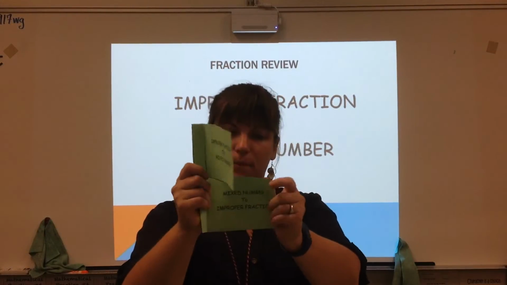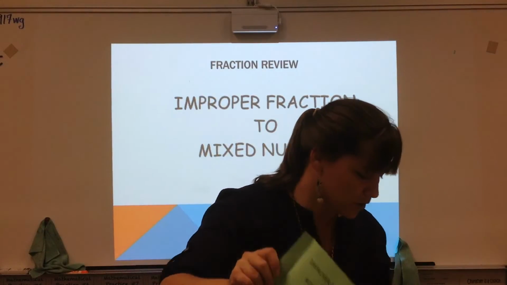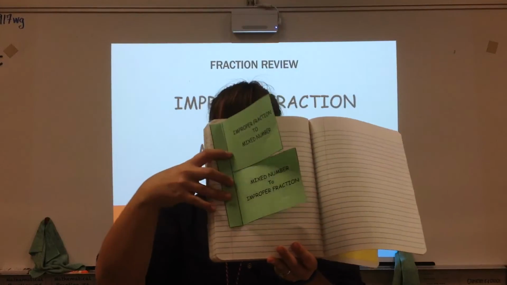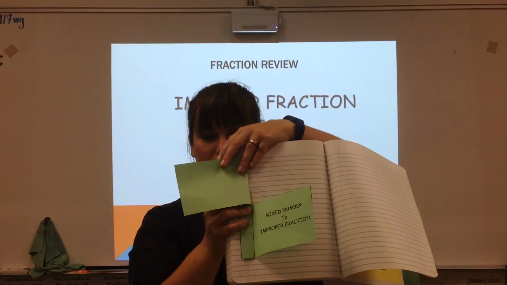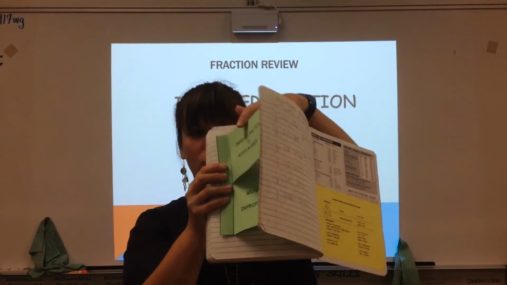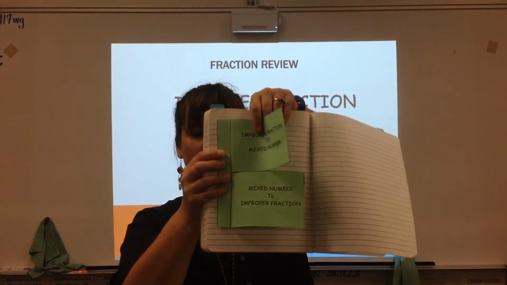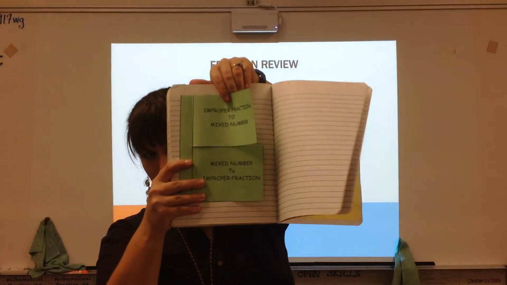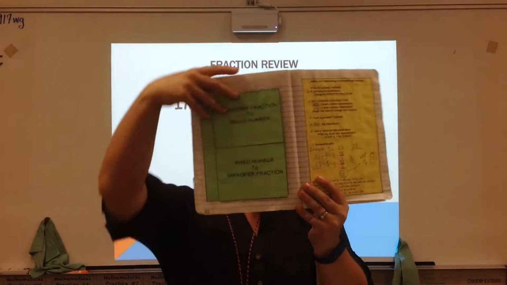What's going to happen for this foldable is you're going to turn to that next blank page in your notebook and glue just the binding part right on there, so you have notebook paper underneath that you can write on to put the notes in. Okay, so get that set. It'll look like this.